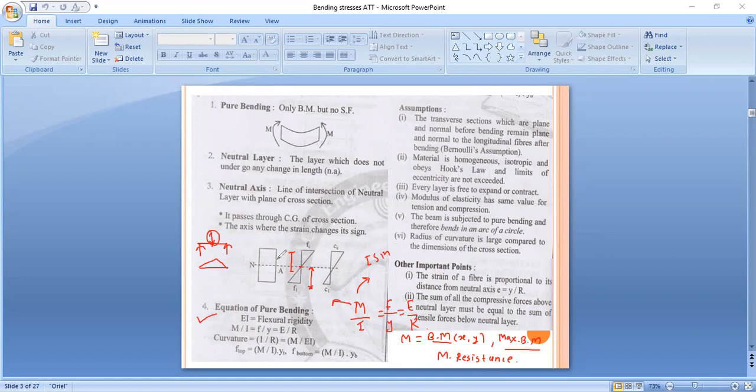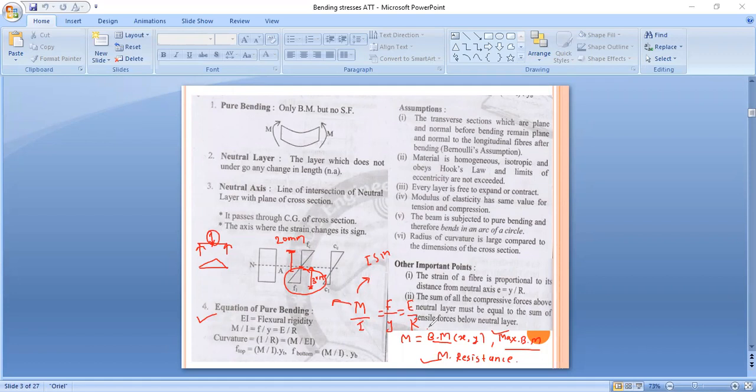When we calculate strain at the extreme fiber, or at maximum distance, suppose at top the distance is 20 mm and at bottom the distance is 30 mm. So y distance is 30 mm. We will consider this maximum distance and find out maximum bending moment. So this is called maximum bending moment.